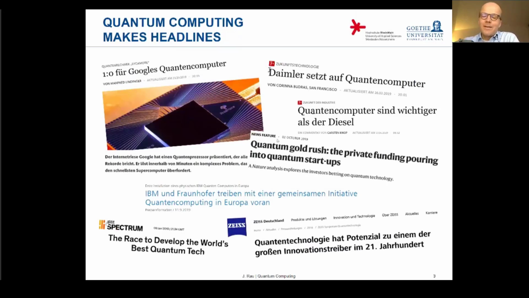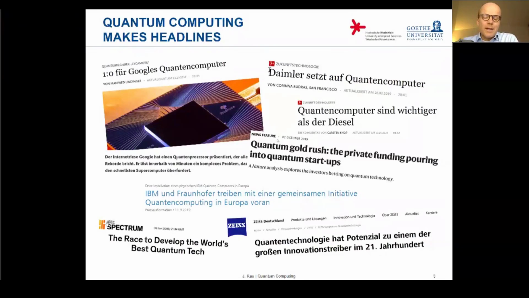It's one of the daily newspapers in Germany, for example, for a while had at least one article on quantum computing a week. You've probably seen news on quantum computers by various big companies like Google or IBM, breaking new records in their computing power.